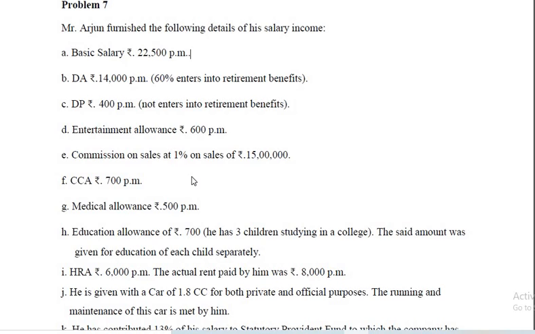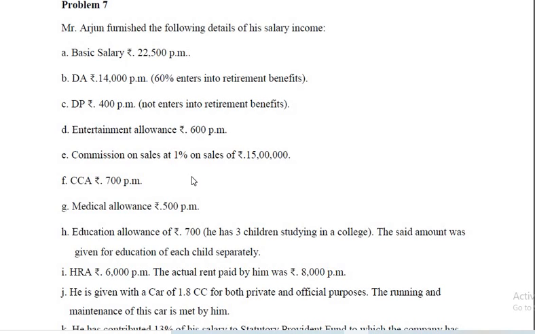Entertainment allowance, it is taxable, 600 into 12, so fully taxable. But if he is a government employee, then deduction is available under section 16. But here, Mr. Arjun is not a government employee, it's not mentioned.